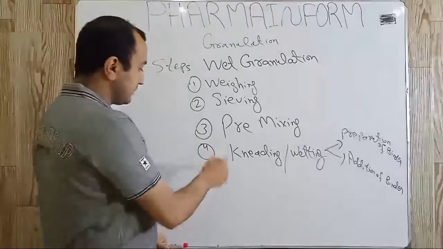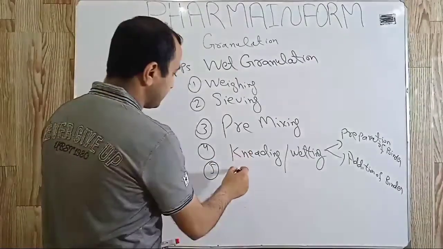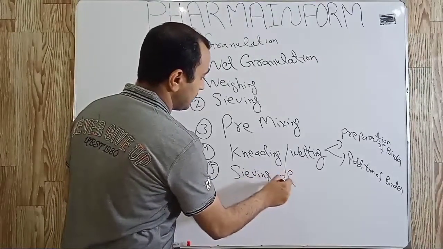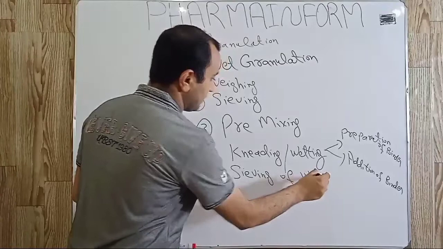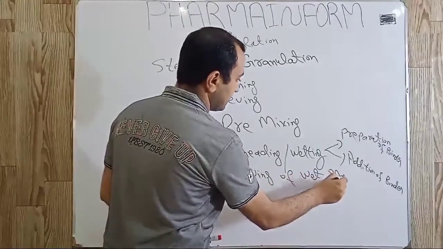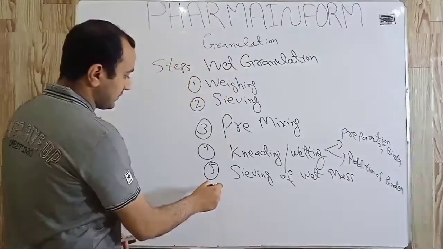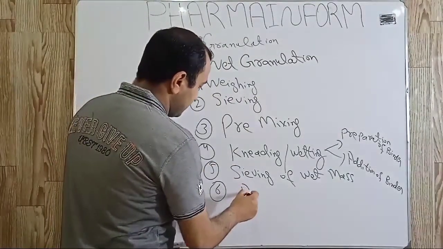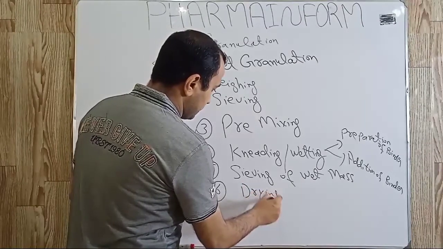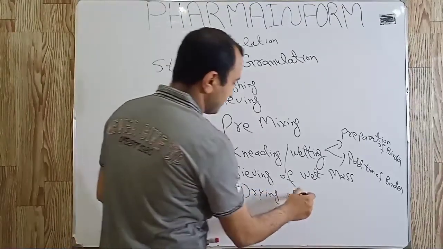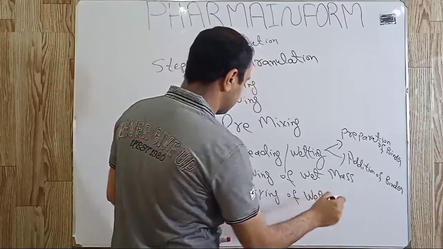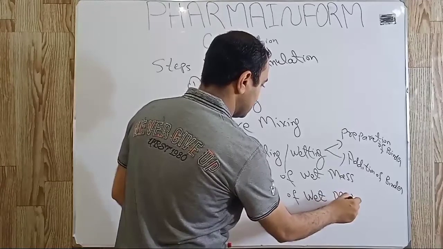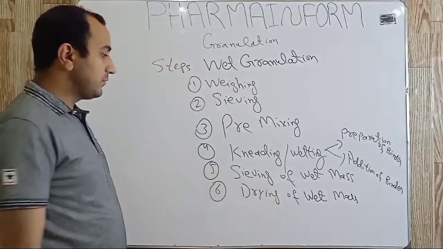Fifth step is sieving of wet mass. Sixth step is drying of wet mass.